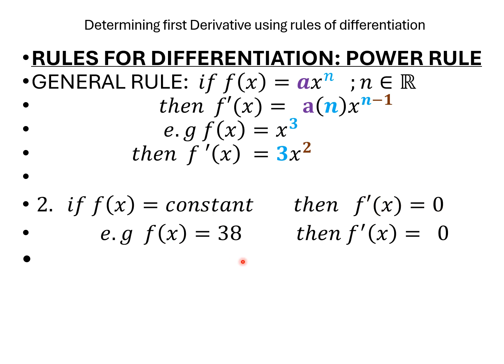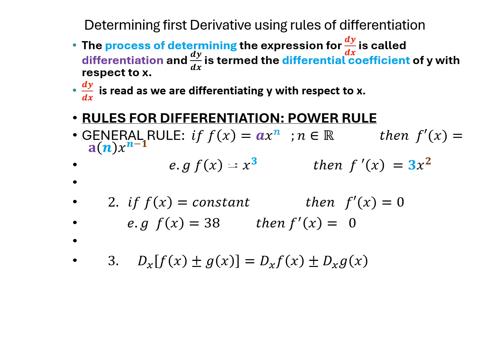So example, if I said you have to differentiate the equation where f of x equal 38, or y equal 38, then dy over dx of 38 would equal 0, or f prime x equal 0. But the other notations we'll get used to once I start doing the problems. This is just a quick introduction.